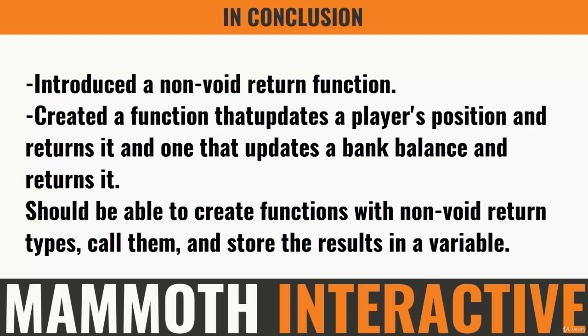So basically, we added a couple of movement commands and then returned the final position, and had it print out in a separate area. And then we had a function that updates a bank balance and returns it in the form of a double. So we had two different numerical return types. So by now you should be able to create functions with void and non-void return types, call them, and store the results in a variable.